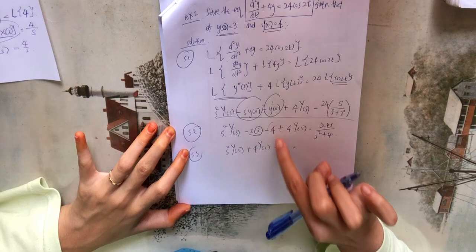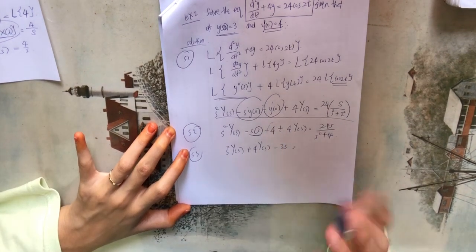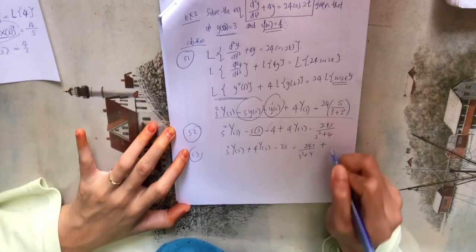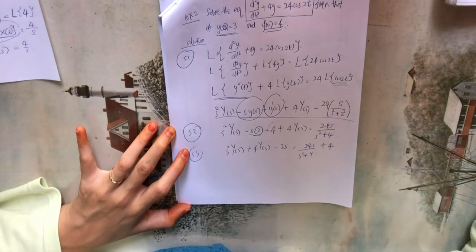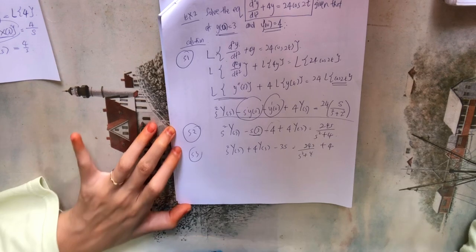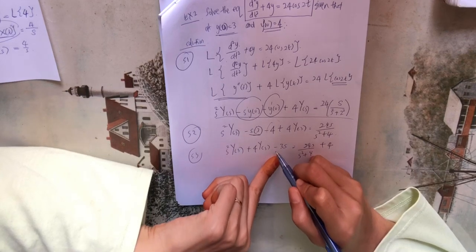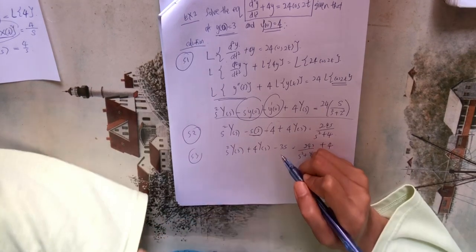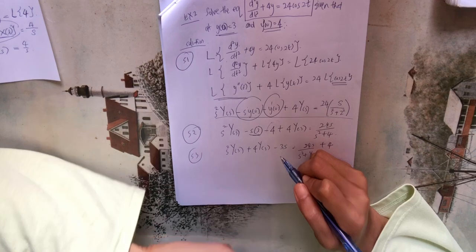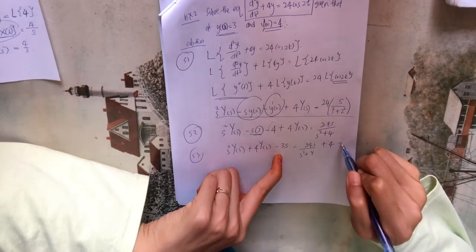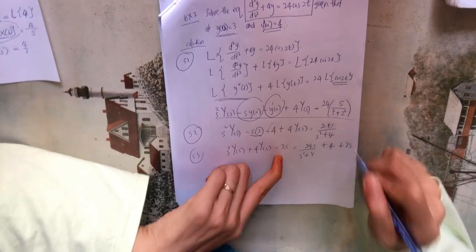For this 4, you can bring to the right hand side, so it becomes 24s over s square plus 4 plus 4. Same thing for this negative 3s. Earlier I said leave it on this side, right? Sorry, mistake. So you need to bring this negative 3s to this side as well, so it becomes plus 3s.